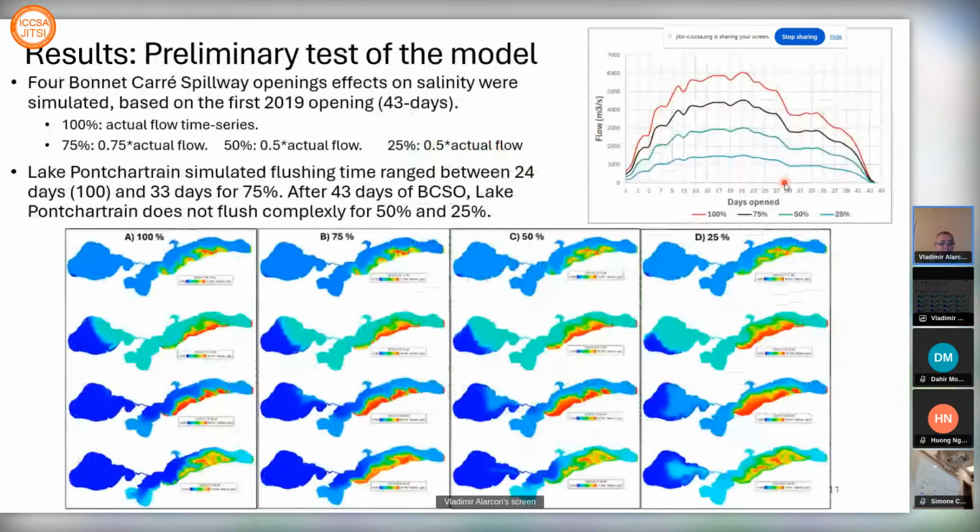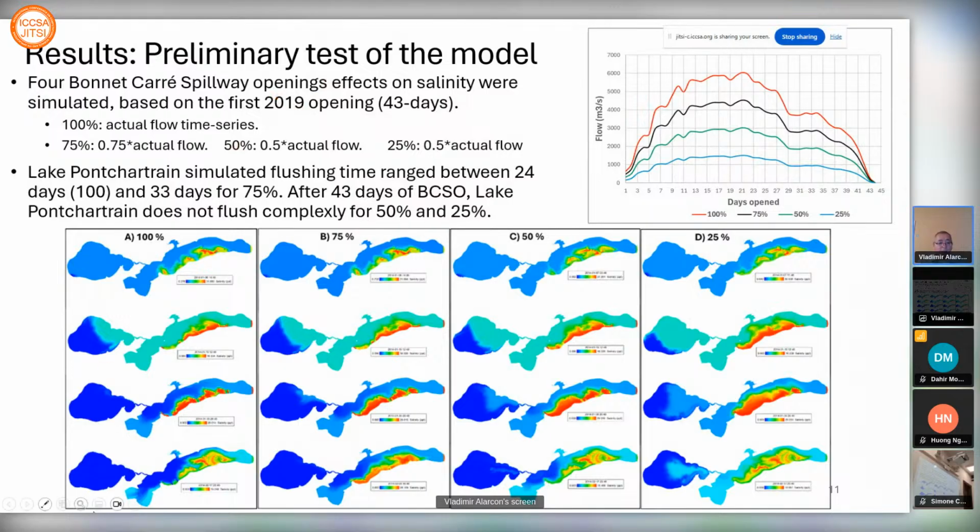Nevertheless, since in the central Mississippi Sound and also in the Rigolets our simulations are acceptable, we tested the model to see if it generates data consistent with what we have observed historically in the Gulf. We have simulated the longest spillway opening, the 43-day spillway opening of 2019.